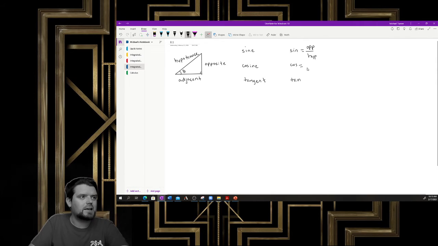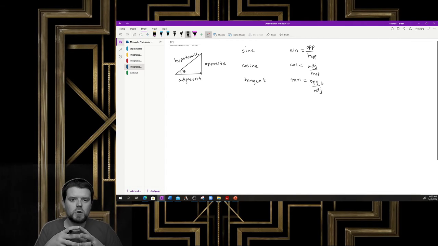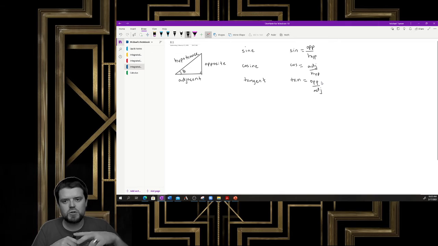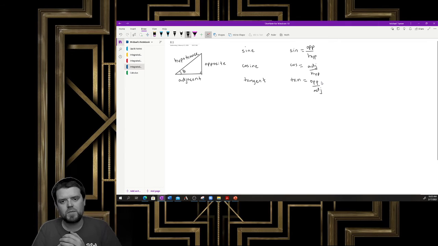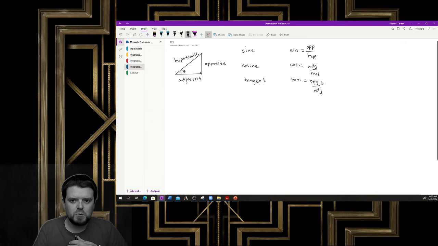Cosine is defined as adjacent over hypotenuse. And tangent is defined as opposite over adjacent. So it's just setting a ratio that exists between 2 out of the 3 sides. As I mentioned, there are technically 6 ratios. If we took each of those fractions and flipped them, that would give us the other 3. But in integrated math, we're just introducing the first 3 so far.